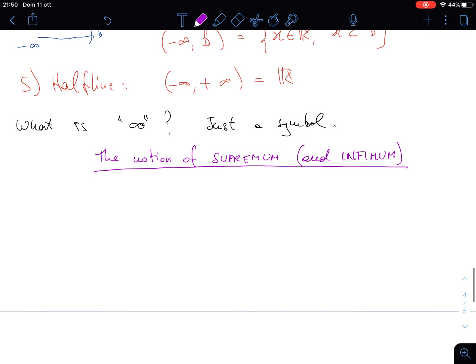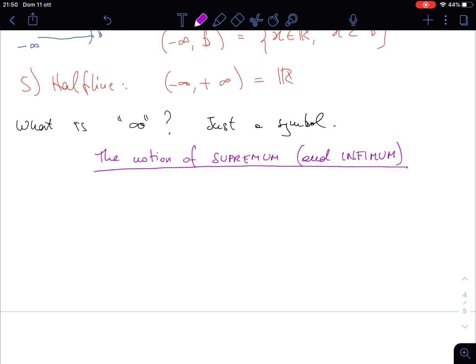As I told you, the reason for introducing Supremum and Infimum is that the more natural notions of maximum and minimum are not so complete, not so flexible. There are many sets in which you don't have either maximum or minimum or both.